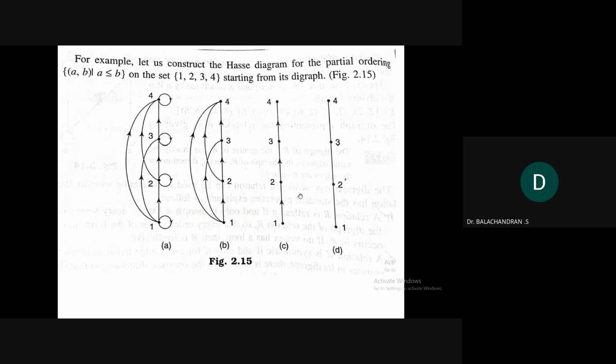From here to here, we remove the edges due to transitivity. From 1 to 2 you have an edge, from 2 to 3 you have an edge, so naturally 1 to 3 is also an edge, so I removed 1 to 3. Similarly, I remove all the edges due to transitivity. Next, from here to here, I remove the upward arrows. So this is the final diagram.